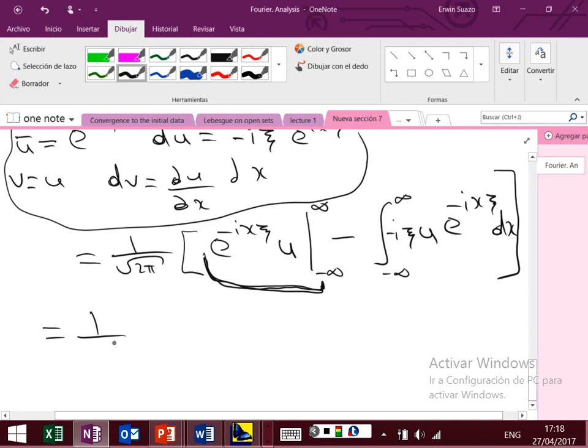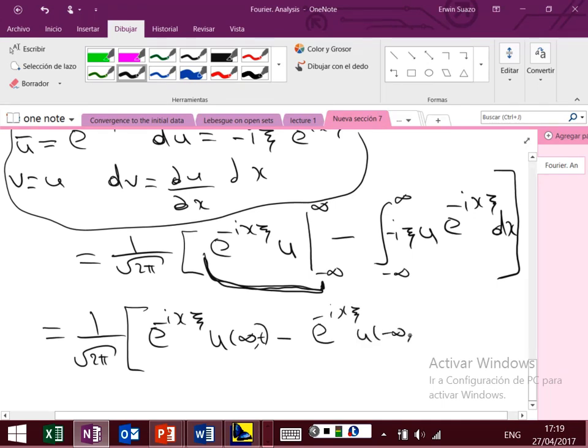So we have 1 over the square root of 2 pi. Then I have e to the minus i xi x, and let me put it like this: u of infinity minus, and here we have a t, and then e to the minus i xi x u at minus infinity t.